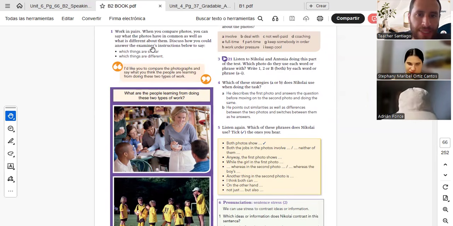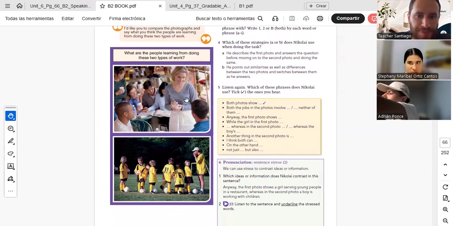And the examiner's instructions are, I like you to compare the photograph and say what you think the people are learning from doing these two types of activities. So, Stephanie, are you ready? What are people learning from doing these two types of work? So, go ahead.